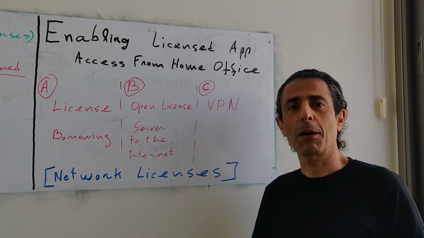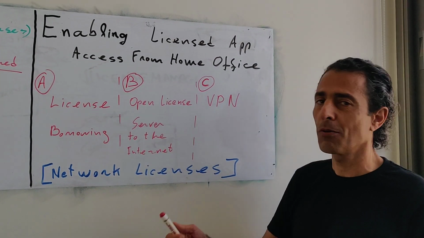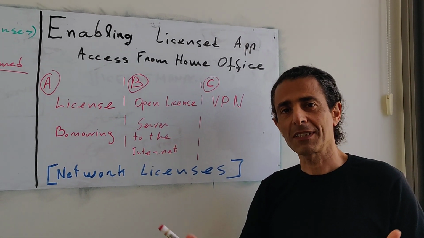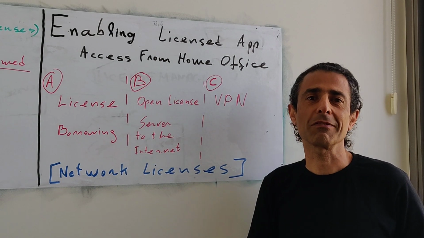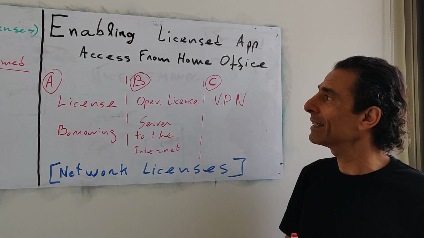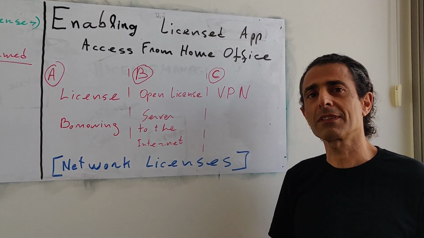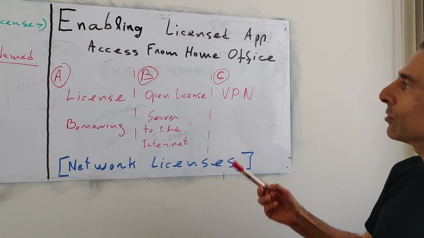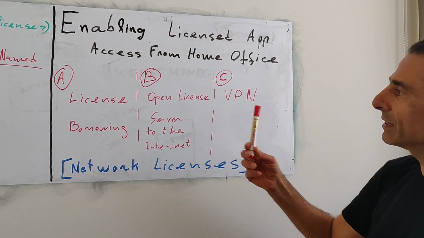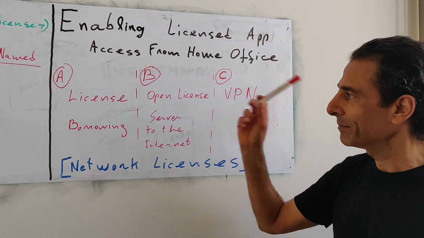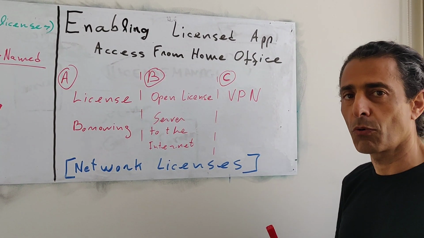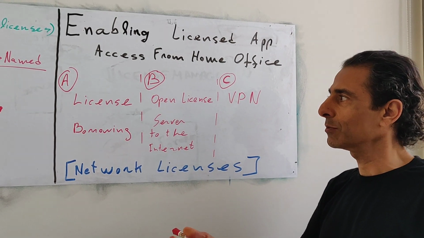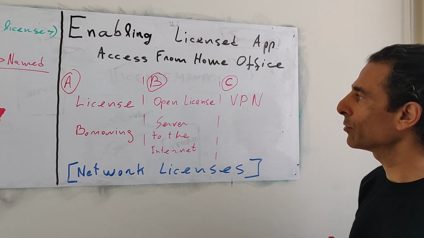Today we are going to speak about enabling access to licensed applications from home offices. This is a challenge now with the coronavirus, so let's see what methods are available to make that happen. Let's review them first. One is license borrowing, to borrow licenses to users' computers.